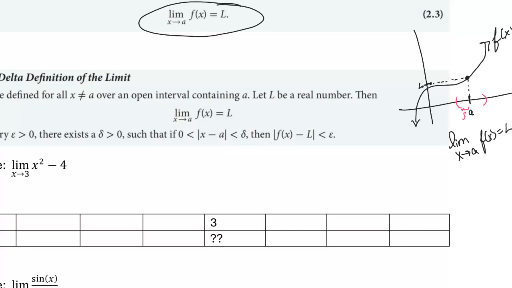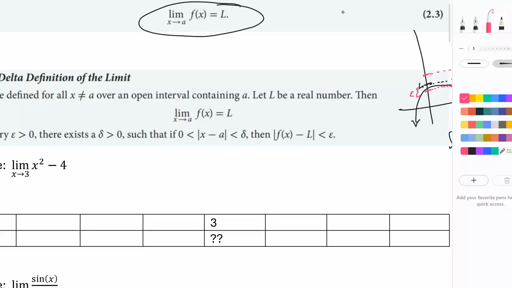This distance would be delta. So if I look at that interval, it's going to create an interval around my actual limit. You can see how I can go up to my graph and then go over to the y-axis. So this distance is epsilon.